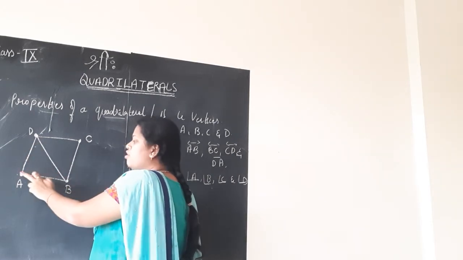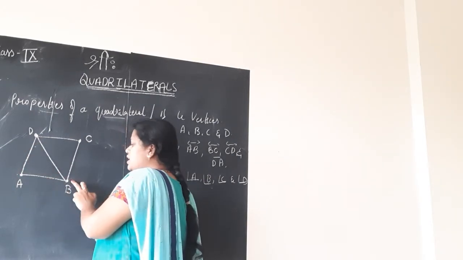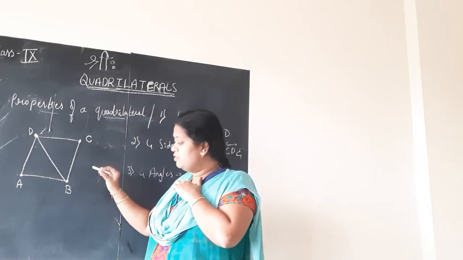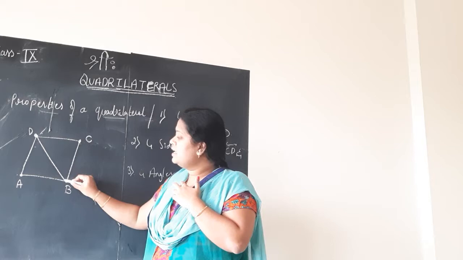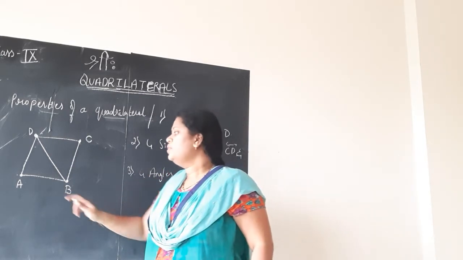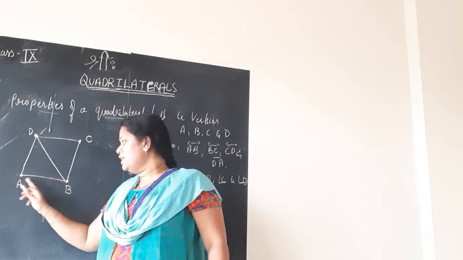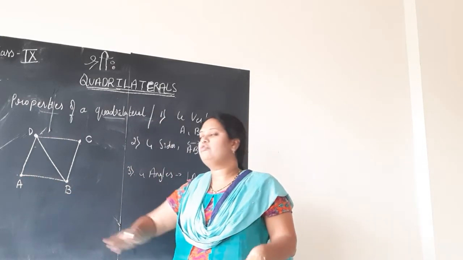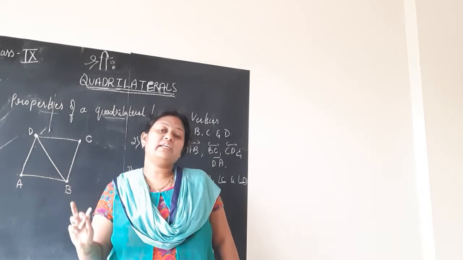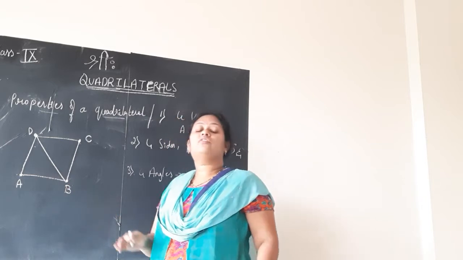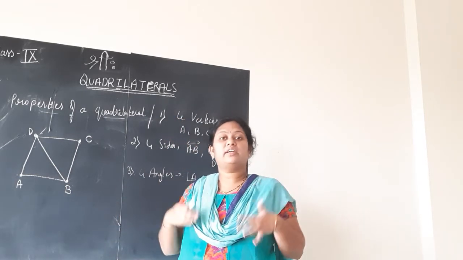Similarly, for vertex B, the arms are BC and BA. So side AB, or the arm AB, is common for both the vertices A and B, children.